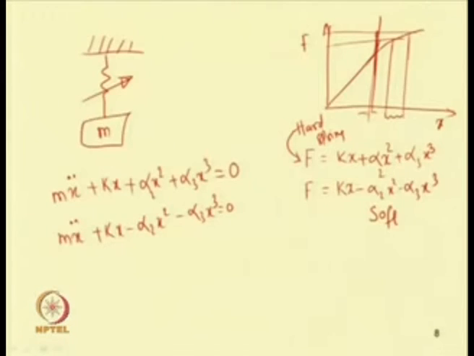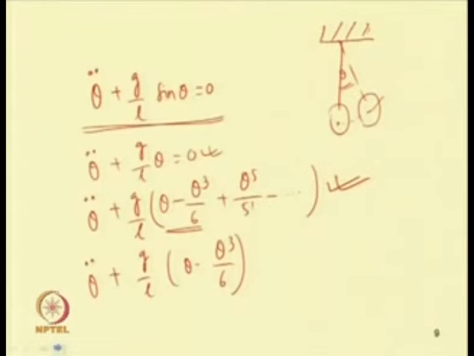When we consider the system to be nonlinear, let us see how the system will behave. In case of the linear systems, we already know the system behavior. For example, in case of the linear spring mass system, the system equation m x double dot plus k x equal to 0 can be written in this form: x double dot plus k by m x equal to 0, or x double dot plus omega n square x equal to 0.